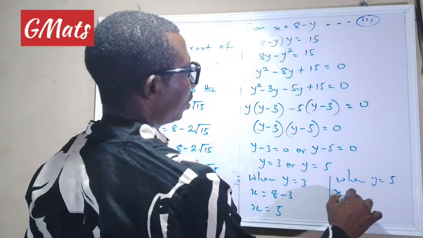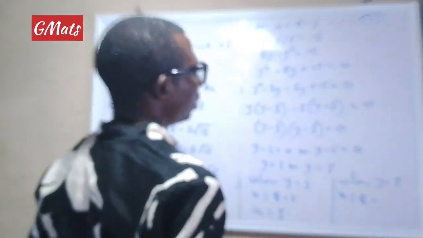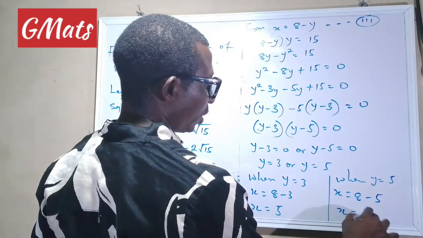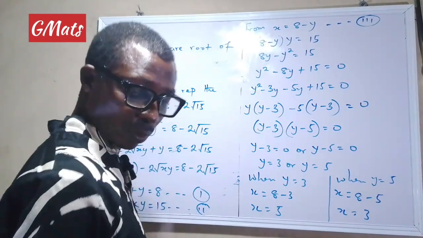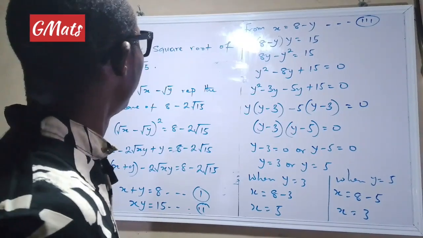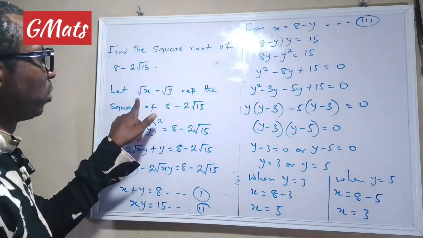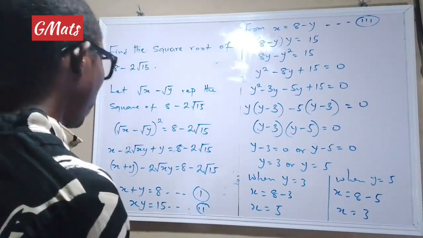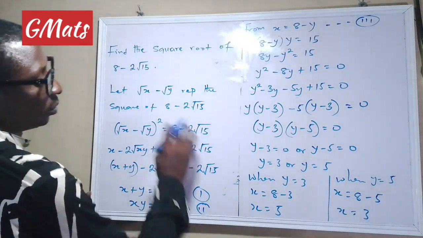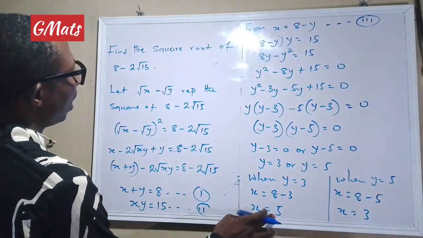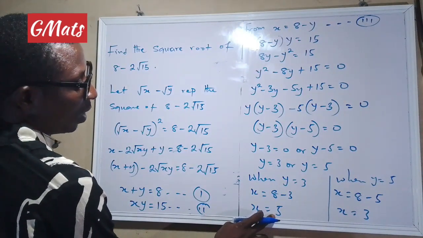Now also, when y equals 5, what is x? x will be 8 minus 5, so x equals 3. Alright, now we can get the square root. Since we have represented the square root with this, we have our answer: x is 5 and y is 3.